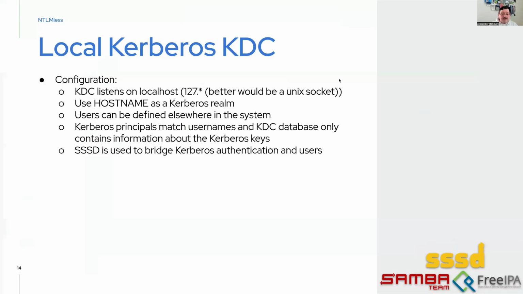This configuration doesn't require any changes in MIT Kerberos itself. It's purely a configuration. So I just set the options to listen on the localhost. We use here the host name of the machine as a Kerberos realm, but really it can be anything. We can set some random stuff there. Users can be defined elsewhere in the system.